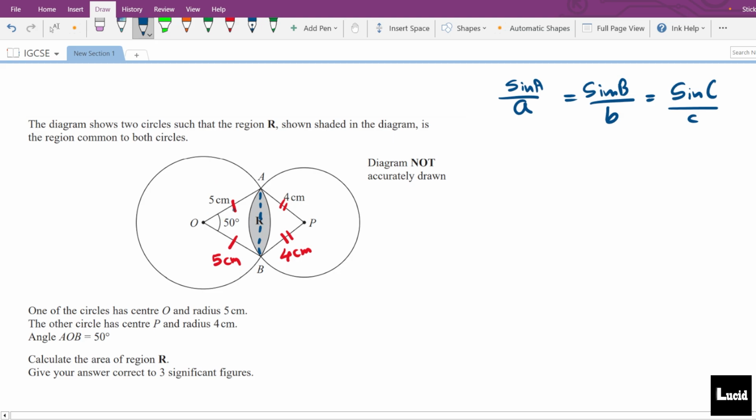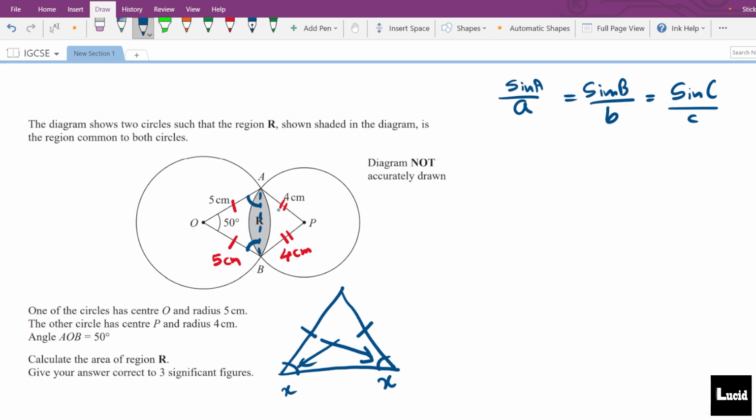From geometry you know that when you have an isosceles triangle, two sides are equal, then the opposite angles will also be equal. The sum of the internal angles of a triangle is 180, so with a simple calculation you can find that both of these angles are 65 degrees.